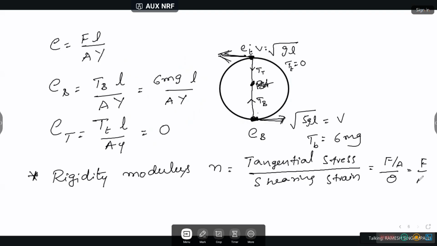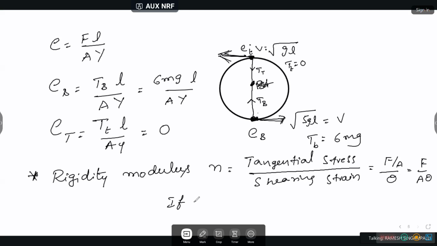So N equals F by A theta, where F is force, A is area of cross section, and theta is shearing strain.